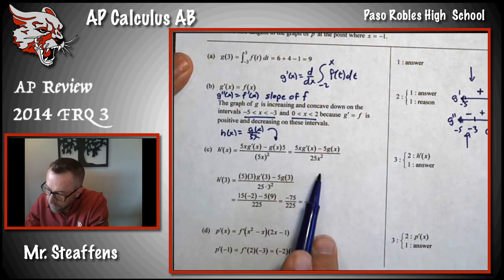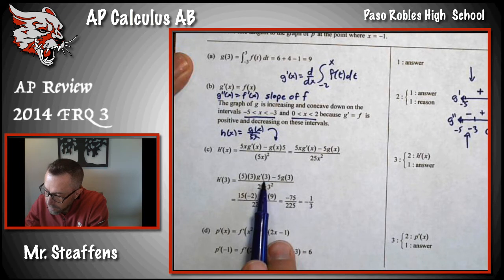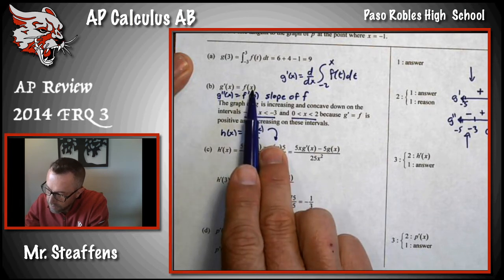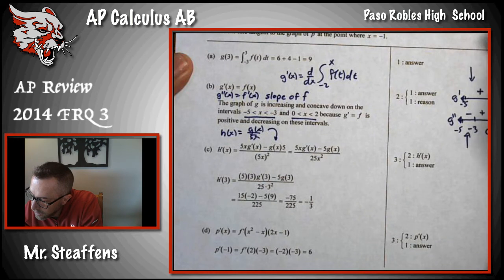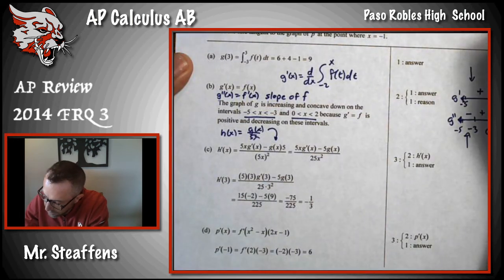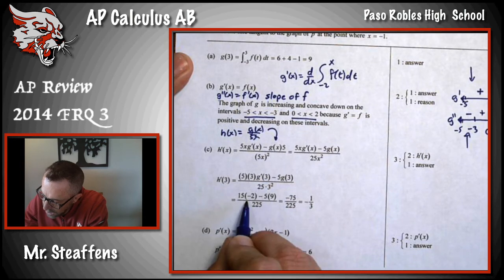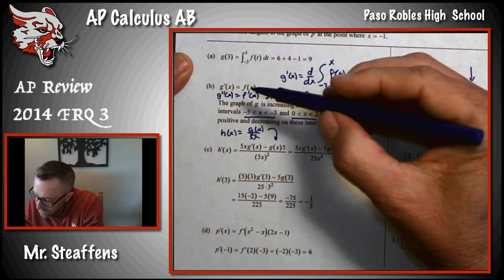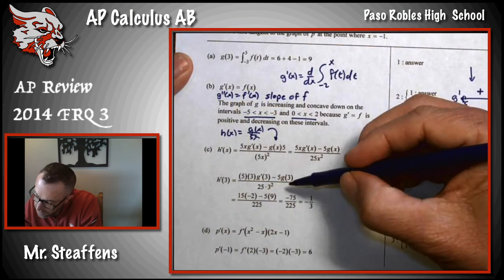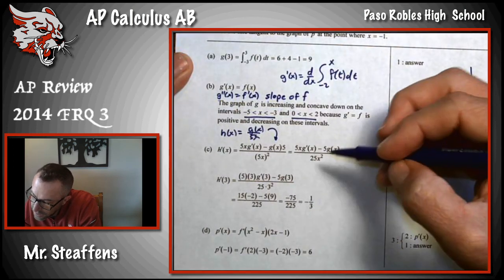You have to go through and work it all out. You do have to find g prime of 3. Remember, g prime of 3 is the same as f of 3. If I go to 3 and look at f, it looks like it's going to be at -2. That's why there's a -2 here. And then g of 3 is the area.